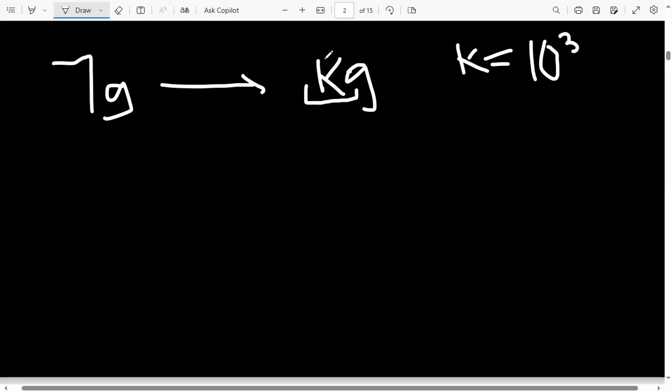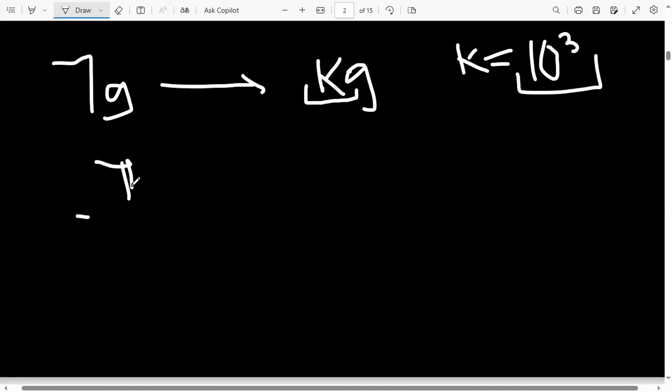What is the rule when you're converting from the SI units to a multiple or a sub-multiple? We said we divide by the value of the prefix. The prefix that we have here is the kilo, which means 10 to the power 3. So I'm just going to divide this 7 by this.